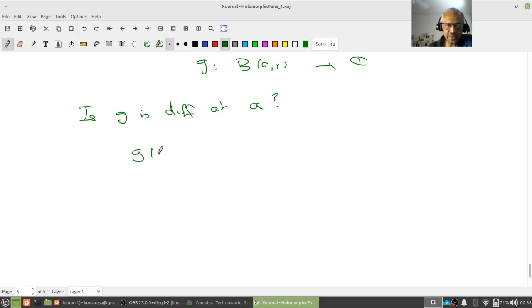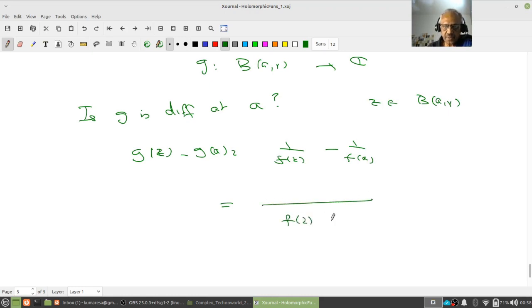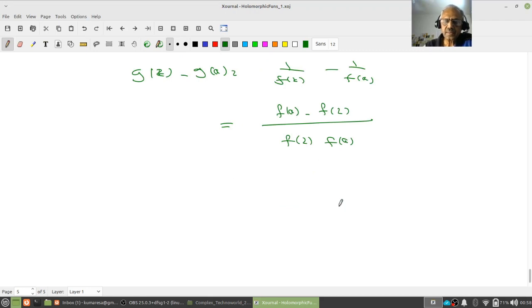So g of z minus g of a, but g of z is 1 by f of z and g of a is 1 by f of a, where these are all z in the disc. So what do you think I will do? I will take f of z into f of a common, therefore it is f of a minus f of z.